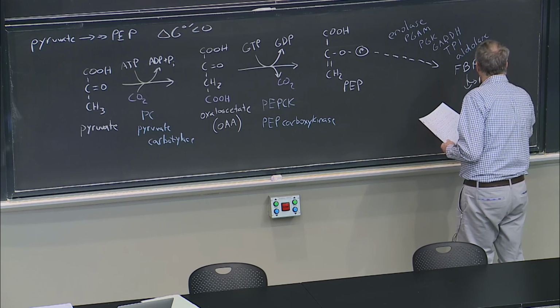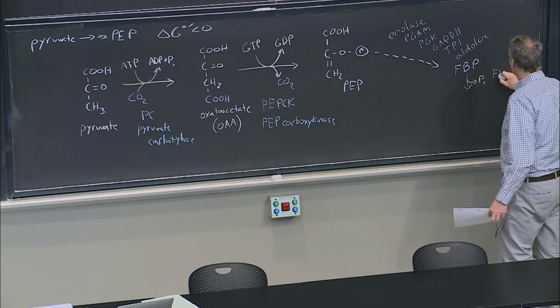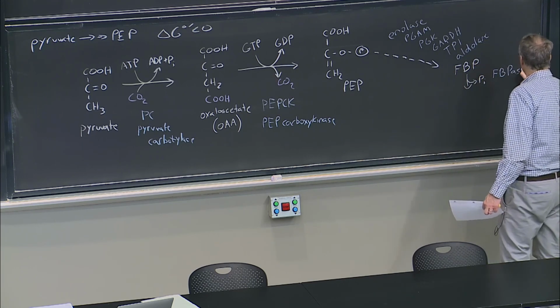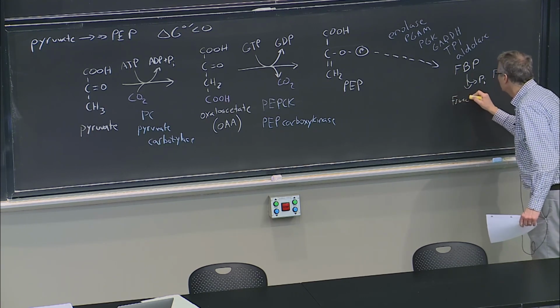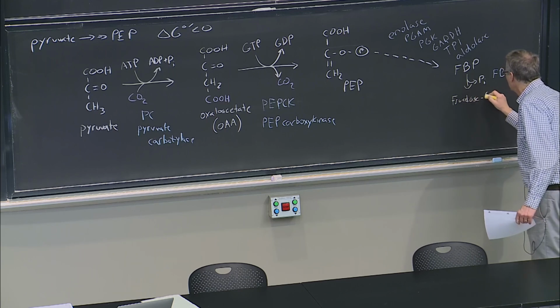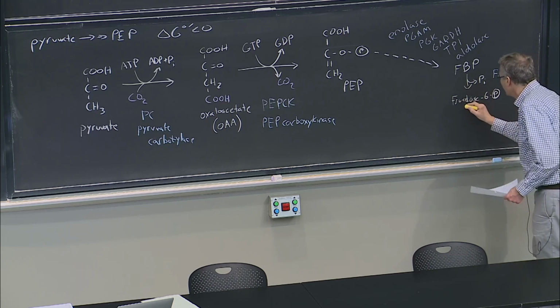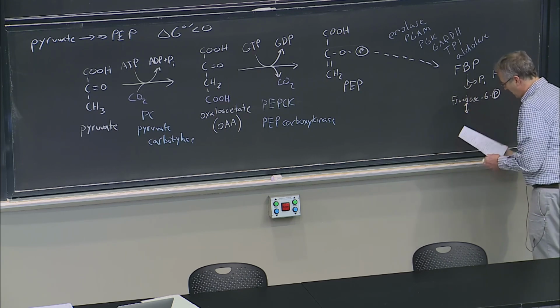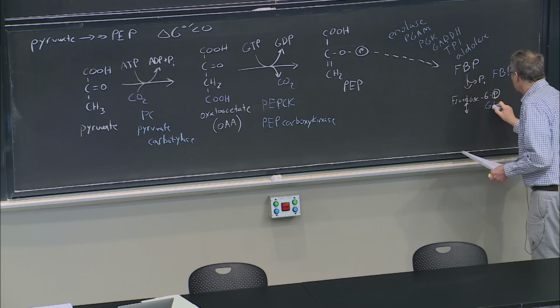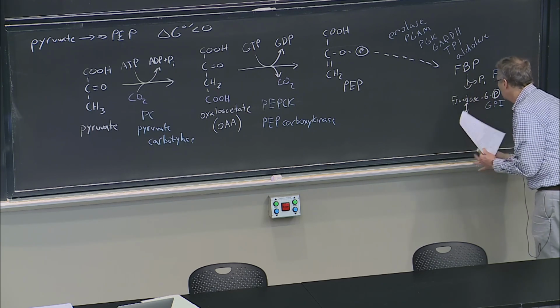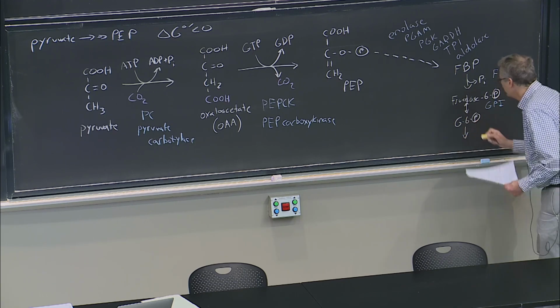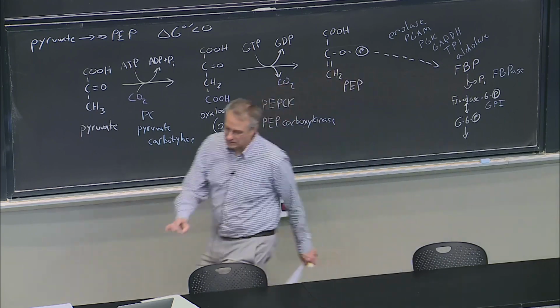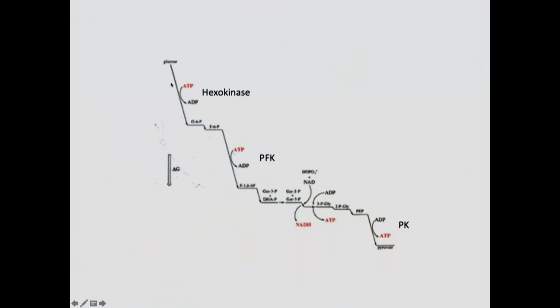Now we get back here to this steep part, but rather than going through PFK, we can just have a phosphatase, fructose 1,6-bisphosphatase, that releases the phosphate. Now we have fructose 6-phosphate. That fructose 6-phosphate can then go through glucose 6-phosphate isomerase and generate glucose 6-phosphate. That now gets back to this other steep hill, so this is relatively flat.